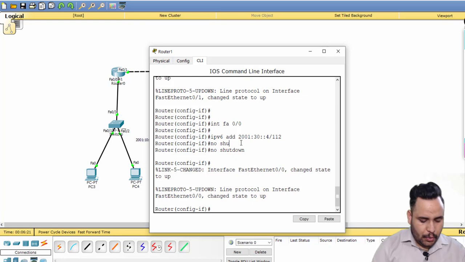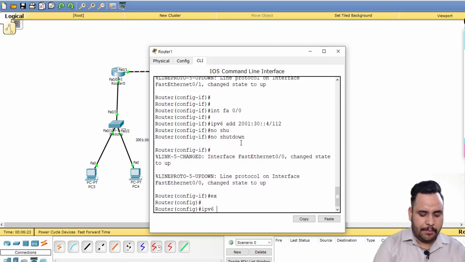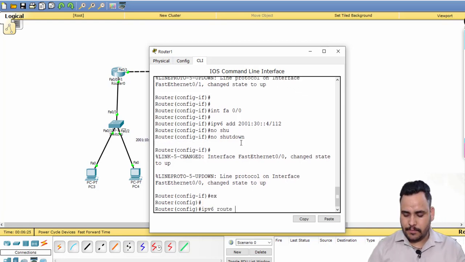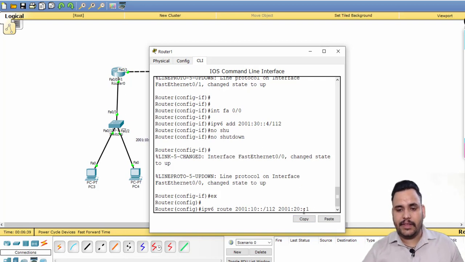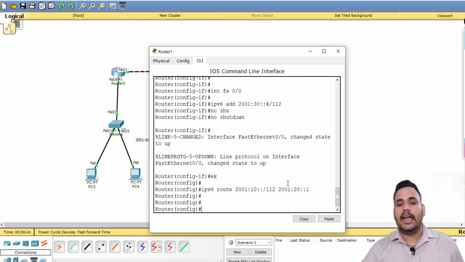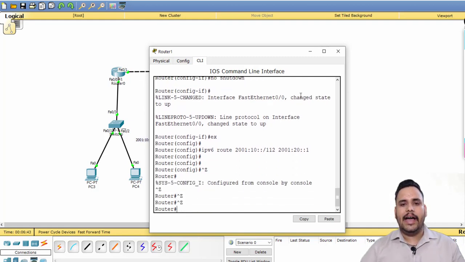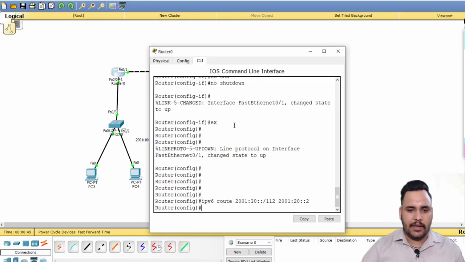On router number 2 I have to use ipv6 route 2001:10::/112 followed by the next hop 20:1. So IPv6 static routing is configured.